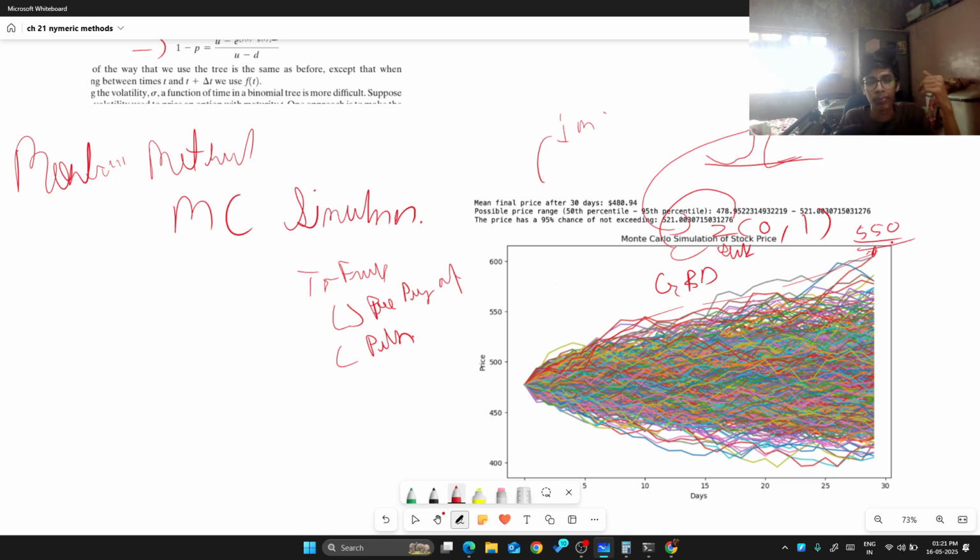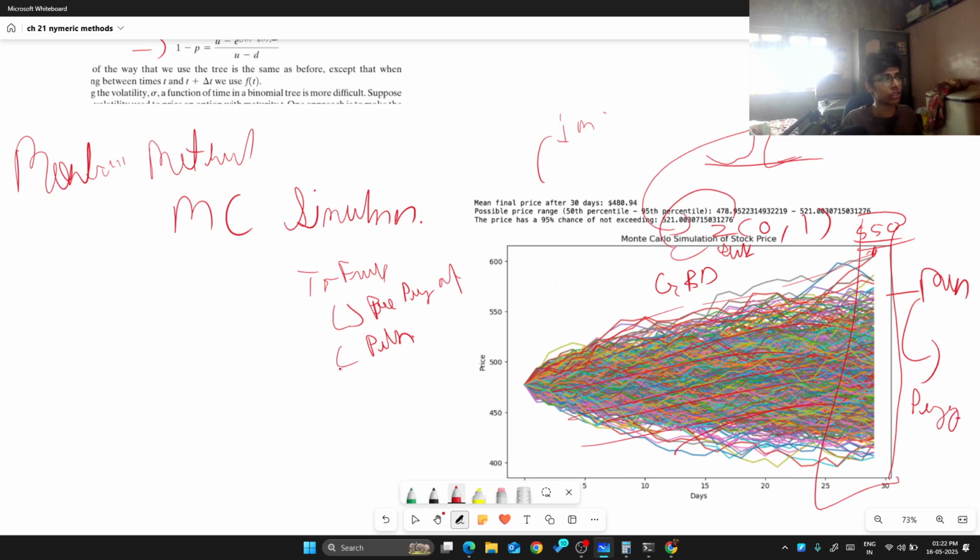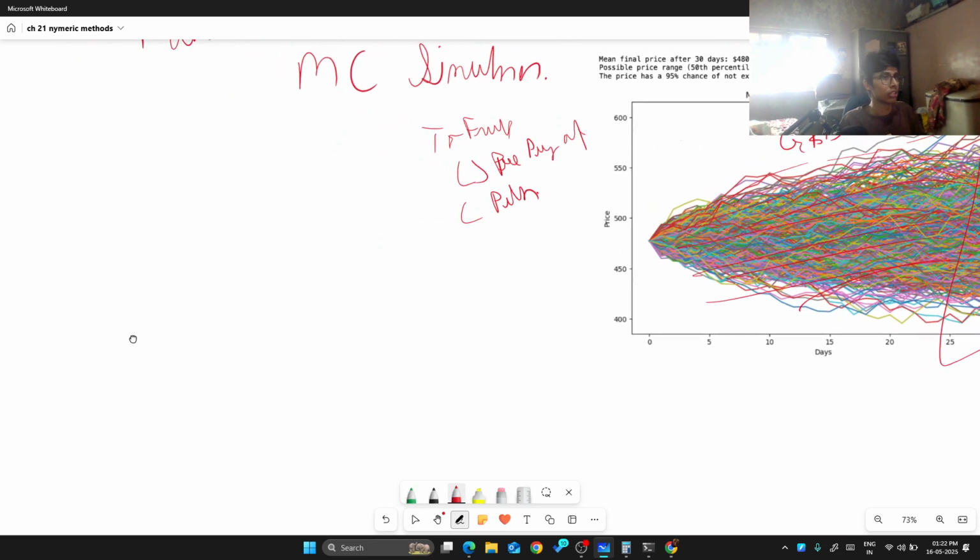We find the payoff and then discount it, and we do this for every path, and after the final path we take the mean to find the value of the payoff.